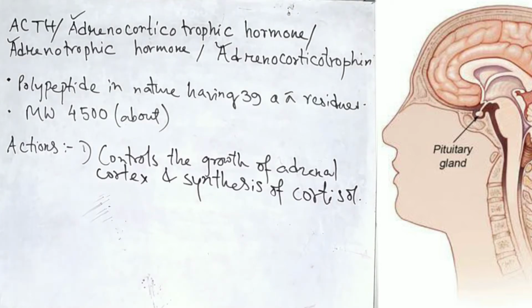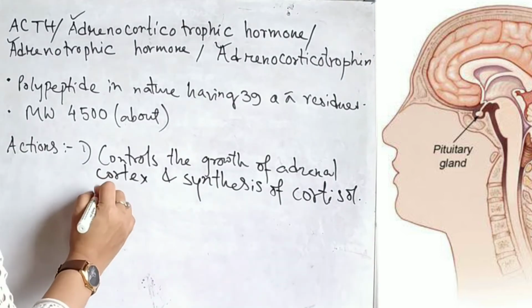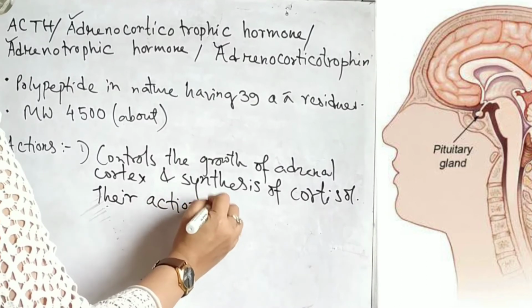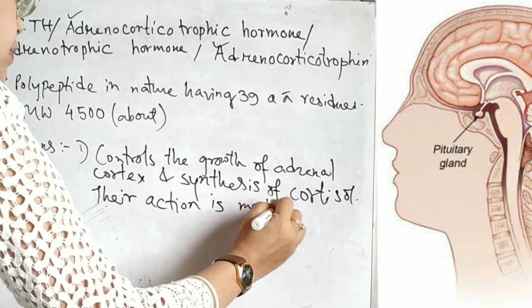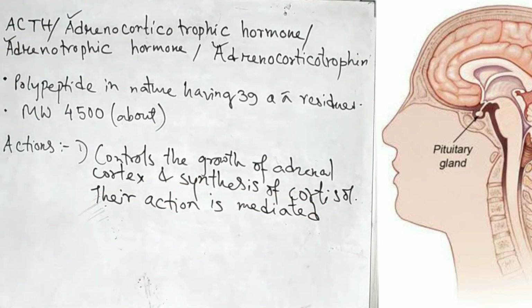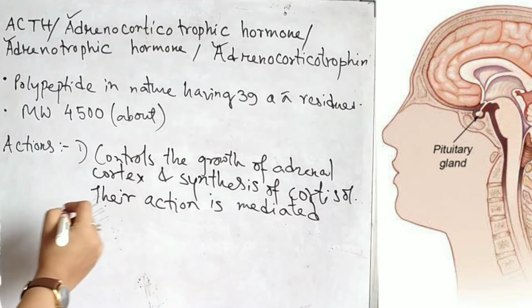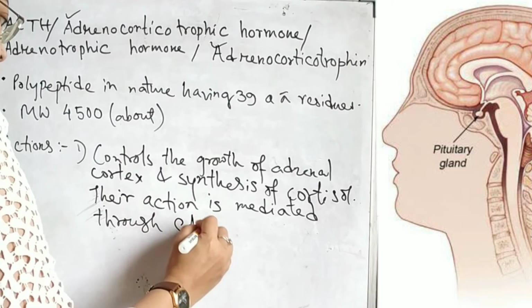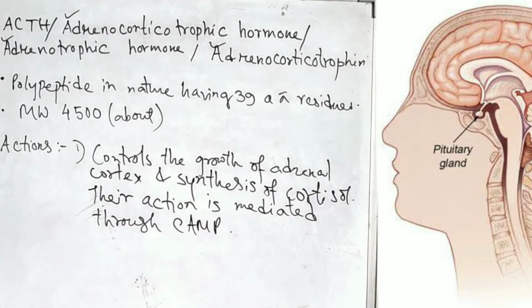Its action on the adrenal cortex is mediated through cAMP. cAMP is cyclic AMP.